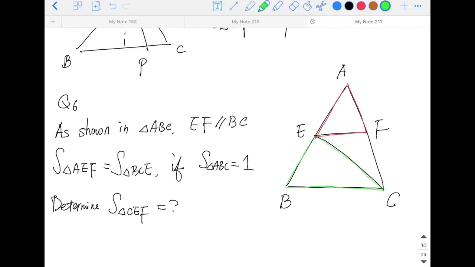These 2 triangles have the same area. If the entire triangle ABC has area 1, then how do we determine the area of CEF? What is the area of CEF?